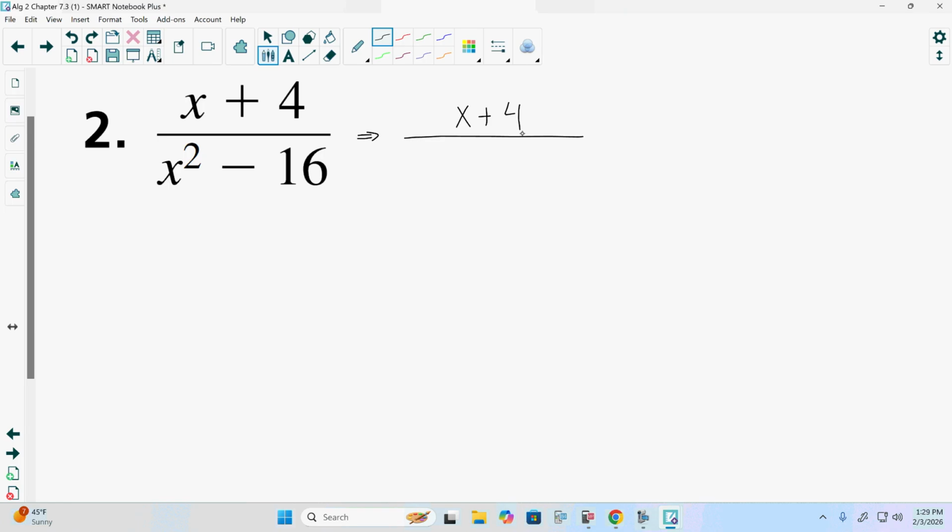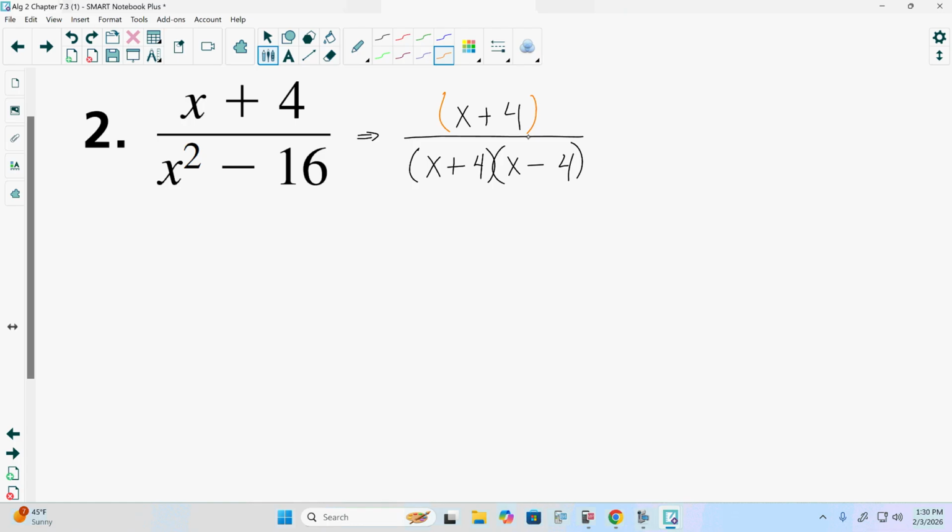Now the denominator, as we said, is a difference of perfect squares. We have our plus and minus, x, and 16 would be 4 and 4. Now even though they're not listed, as we talked about this already, really we can think of the numerator, that x plus 4, as having parentheses around it, because that x and 4 are stuck together.